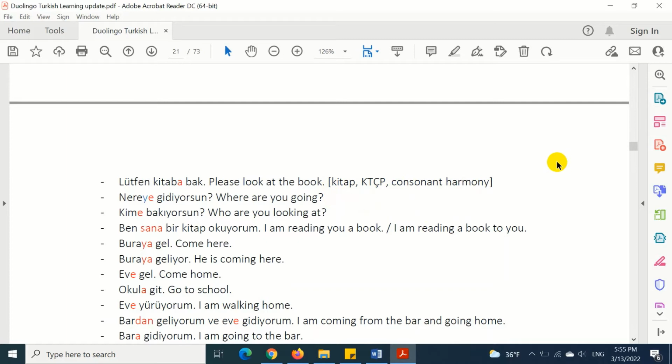Specifically the consonants f, s, t, k, ç, ş, h, p, and more specifically k, t, ç, p. The main form is kitap, but because a is a vowel, when you are adding this suffix, you are changing this p to b.